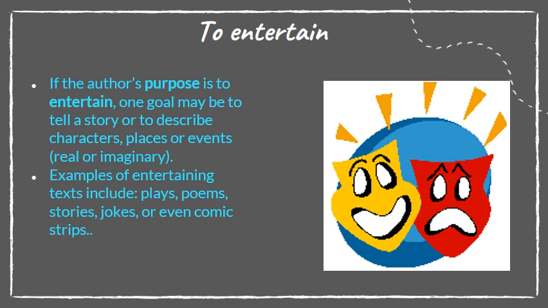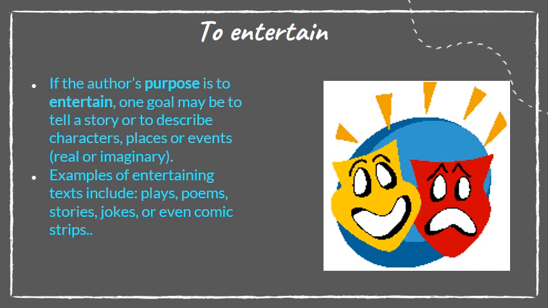The last purpose is to entertain. If you look at the masks in the picture, you can notice that it could be a movie, a film, a play. If the author's purpose is to entertain, one goal may be to tell a story or to describe characters, places, or events.